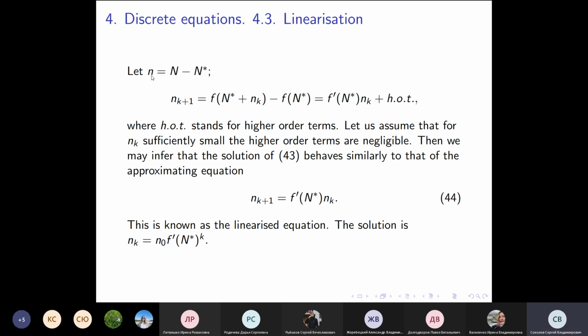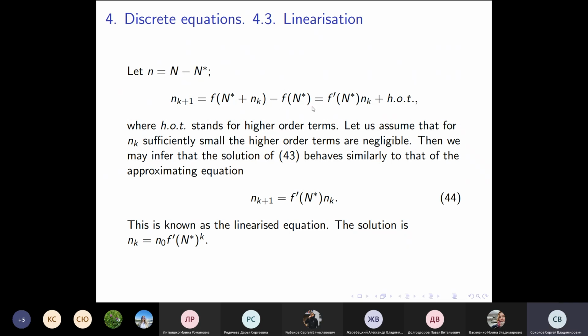So let n small be n minus the equilibrium. n_{k+1} is f of n_k, so n small_{k+1} is n_{k+1} minus n_est, which is f of n_est plus n small_k minus f of n_est.